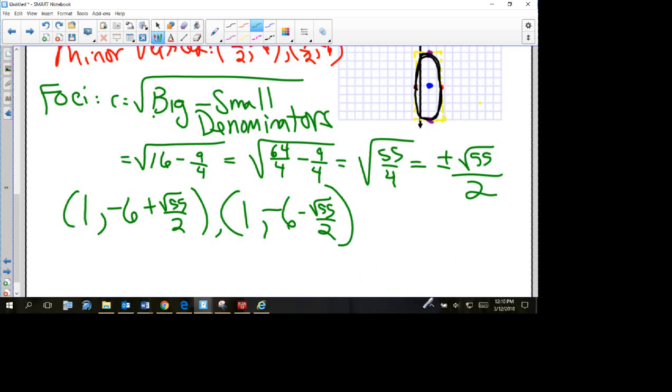But to graph that, I'm just going to type in square root of 55 over 2 and get approximately 3.7. To graph that, I'll just go from the center up and down 3.7, as accurately as I can.